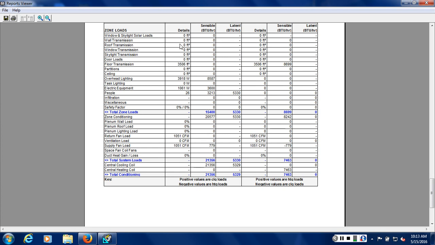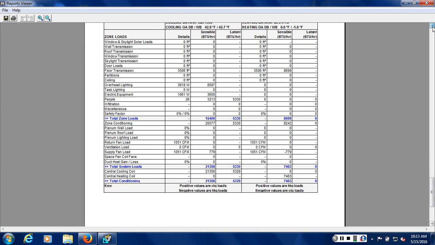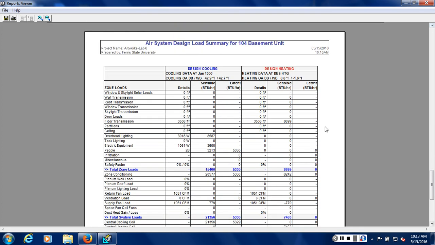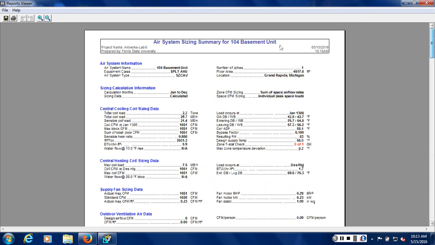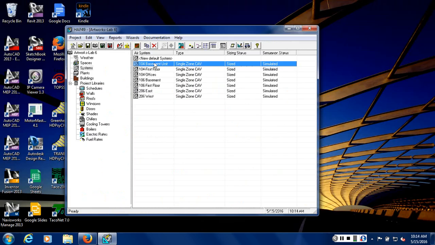Roof transmission, there's no roof, window, etc., etc. Now, again, we have 4 pages. That's for this unit. We could go down and do each individual unit. Now, that gives us our load calc.